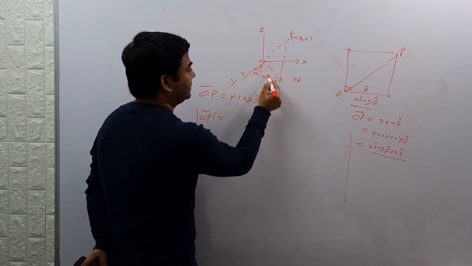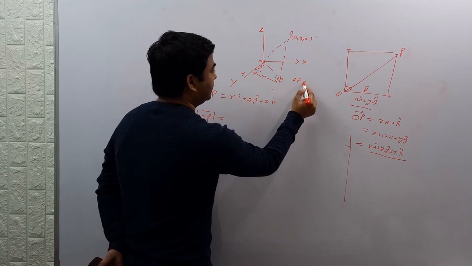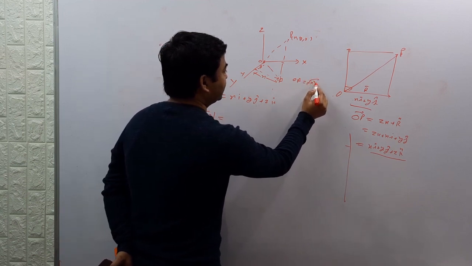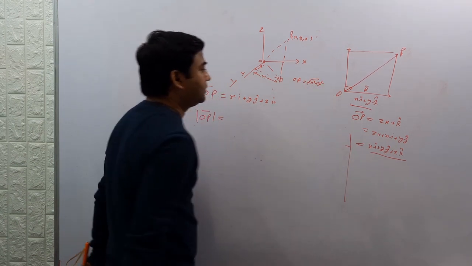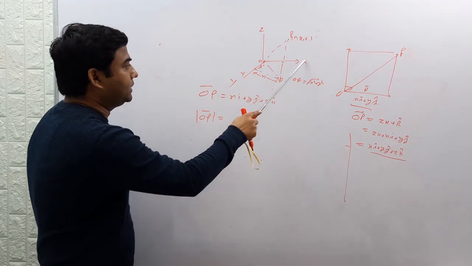So this is a right angle triangle. So OP will be under root x square plus y square, as per Pythagoras theorem. We have drawn a perpendicular on the xy plane.